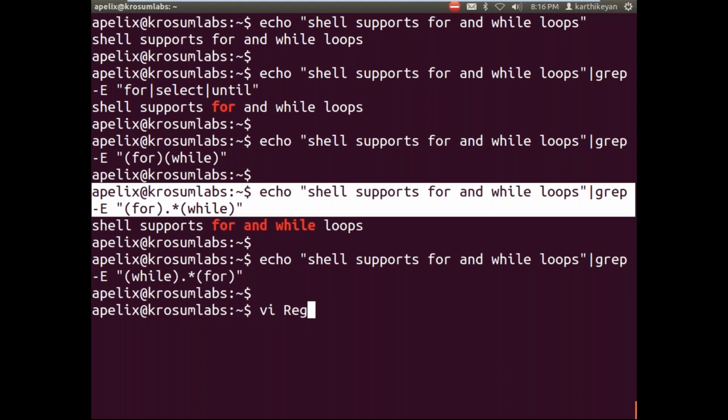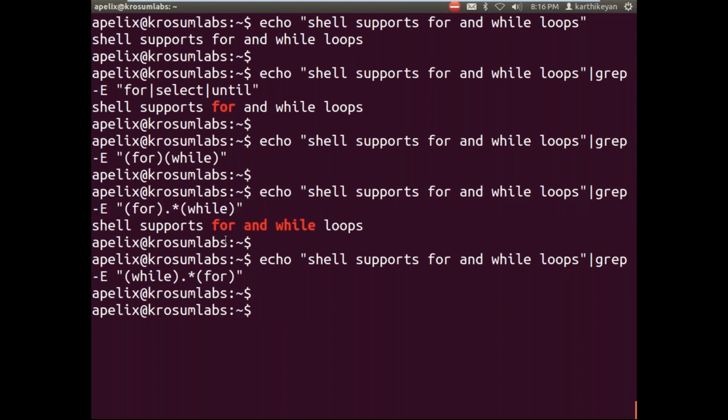Above, in the compound, you mentioned for and while, but it does not match anything. Here it is matching for and while. Now this is for dot star, and it's matching. Otherwise it is not matching, because there is no for and while combination word.